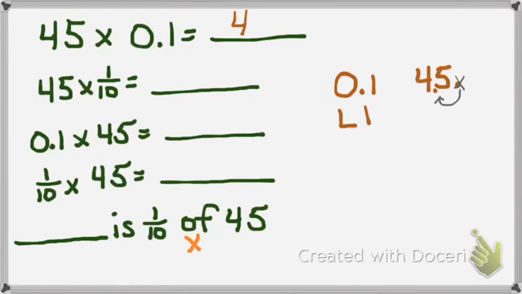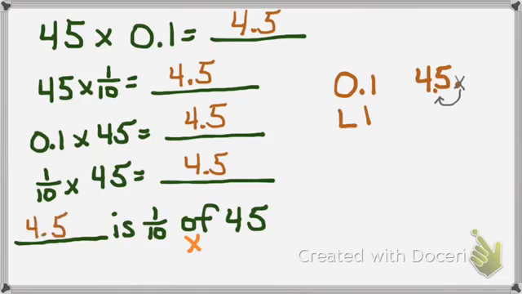My final answer is 4.5, or 4 5/10. 45 times 1/10 is 4 5/10. 1/10 times 45 is 4 5/10. Again, fraction form, 1/10 times 45 is 4 5/10. And finally, 4 5/10 is 1/10 of 45.